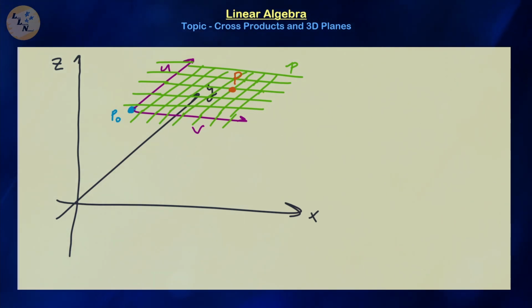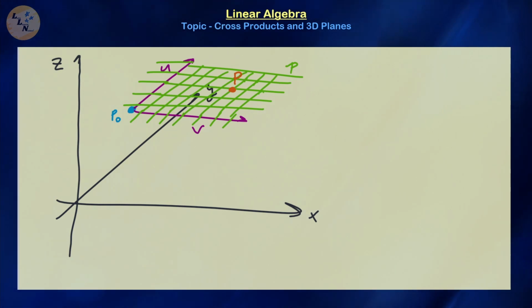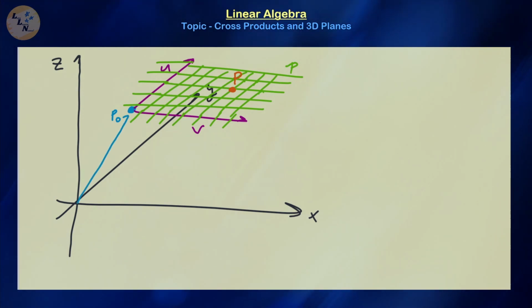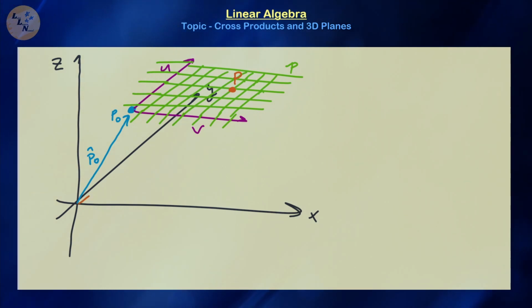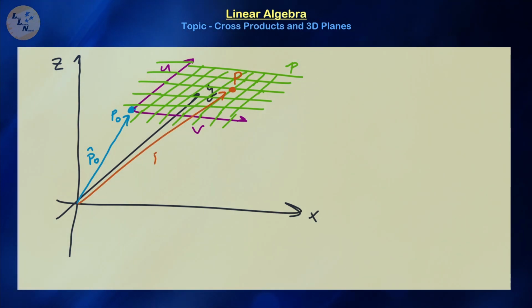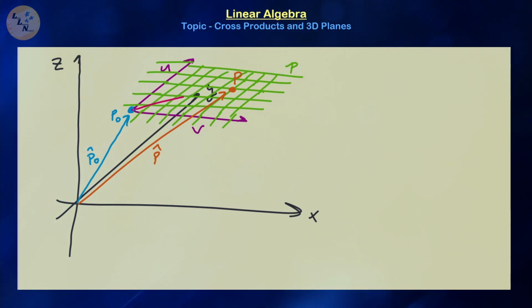Now, let's look at these points P0 and P from the vector perspective. If I want a vector in the direction of P0, that's just going to be this vector here, right? So that's going to be the vector p hat 0. And if I want a vector pointing in the direction of P, that's going to be this vector right here. So that's going to be p hat. Now what I want to do is consider a vector that connects these 2 points.